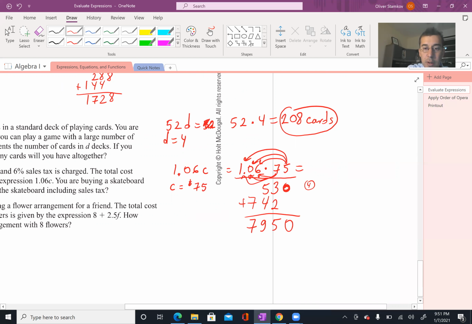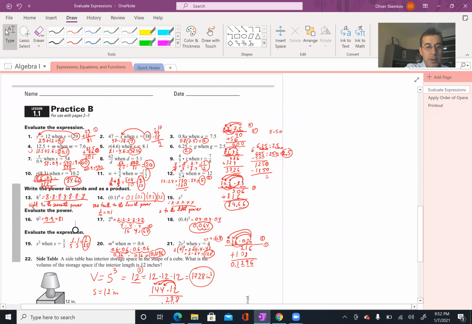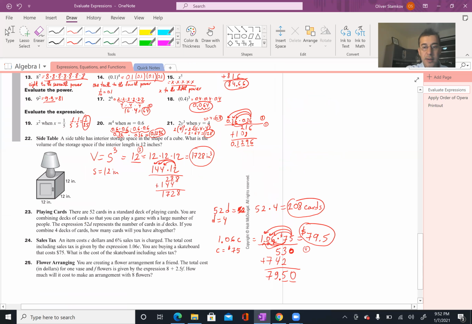Now here there's 1, 2, 2 decimal places. So it's 79.5. This is dollars because C was in dollars. This is the solution. That's how much the skateboard costs including the sales tax.